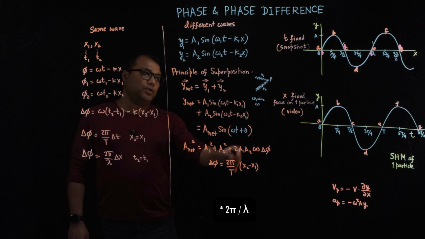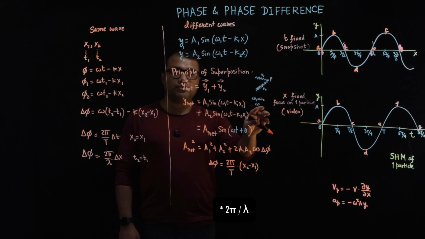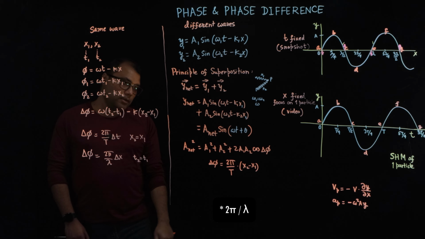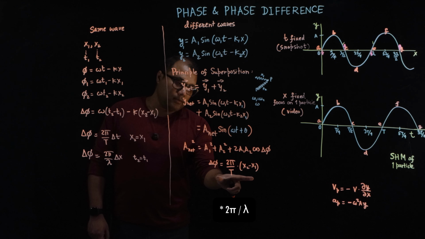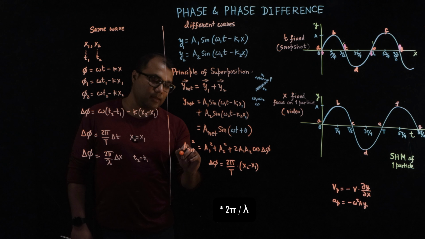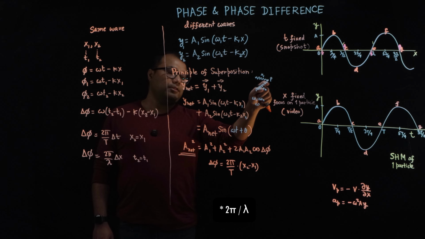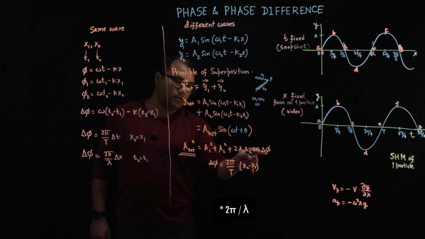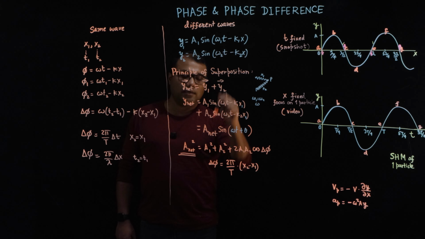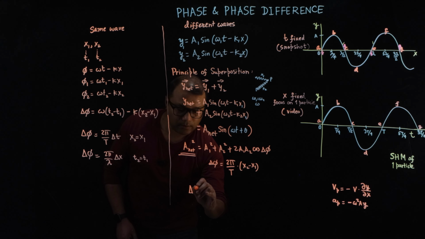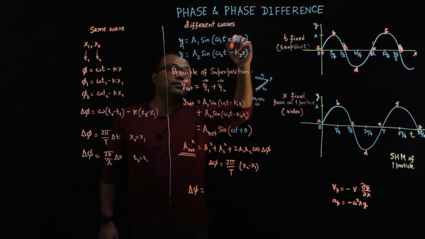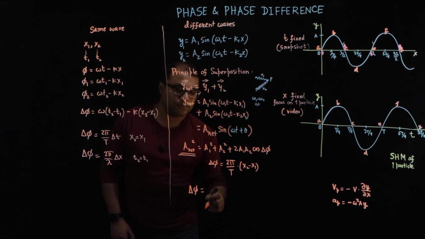This is applicable only if these are coherent sources, which means both these waves have the same frequency, and delta phi will be this. So you will see that the net amplitude at the point is a function of phase difference. Here the phase difference between these two waves is still this phase minus this phase, which is what?